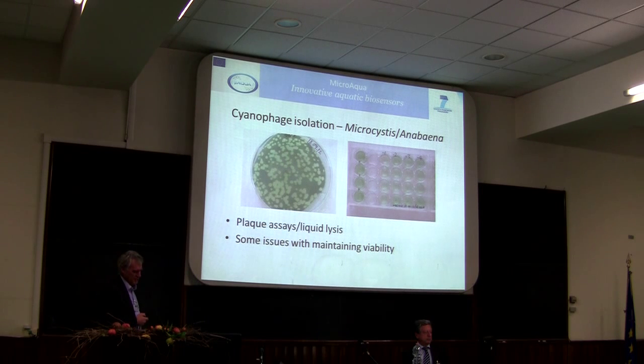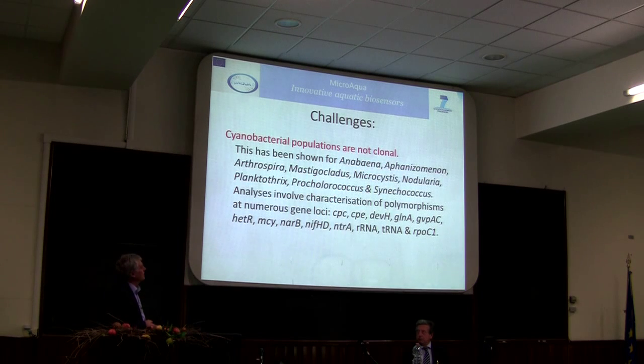So then what are the challenges of using these viral isolates to control the growth of organisms in the wild, as it were? So what are the challenges then going forward? Well, the first point that is important to note is that populations of cyanobacteria are not clonal. Okay?